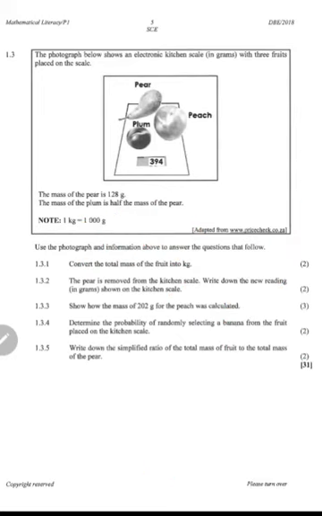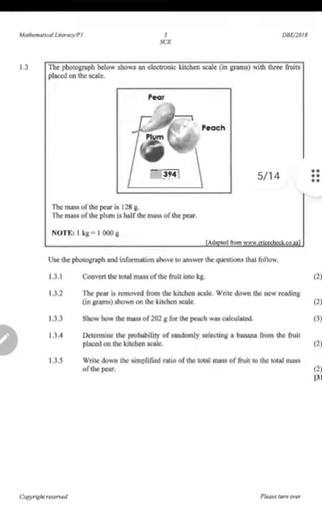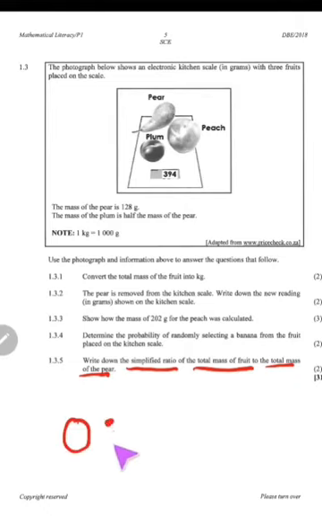In our next question, question 1.3.5, they ask us the simplified ratio of the total mass of fruit to the total mass of the pear. Now, what is a ratio? You will usually find that it's going to be some number in relation to another number. It's basically a relationship from one thing to another.